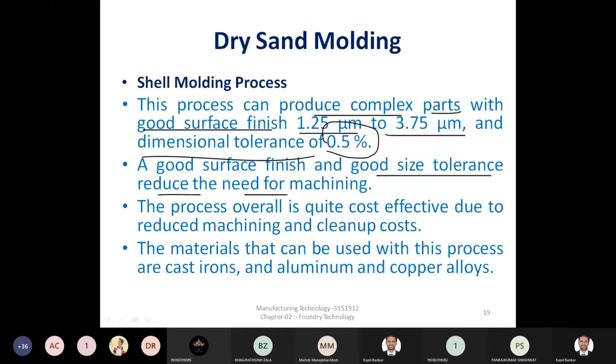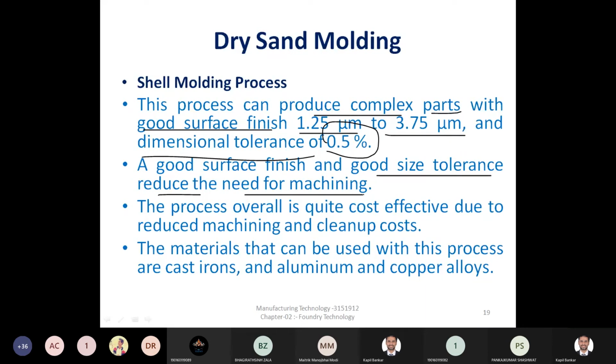Because of this, you do not require secondary machining. You save time and you save cost.